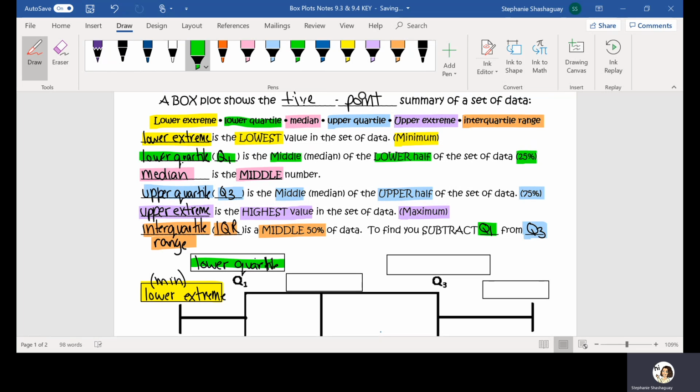Okay, our Q1 is just the middle of our lower half of data. Then we have our median, which is just the middle of our data. That's the line in the middle of the box.